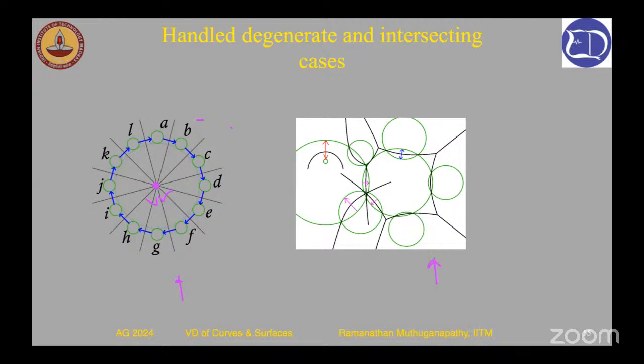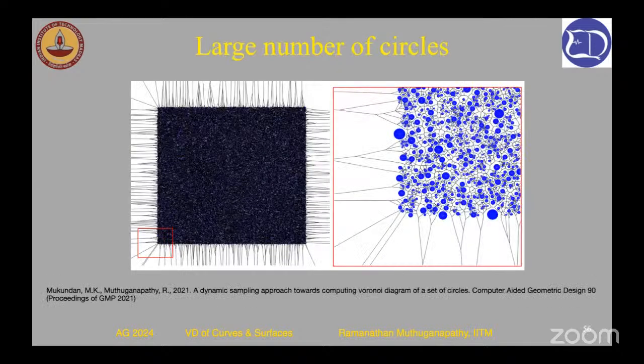And here we have circles that are intersecting, which are also a little complex to handle in a numerical way. These are all challenging in a numerical way, but we could handle it topologically using the Delaunay triangulation, centers and samples, and so on. So we are able to get this for a larger number of circles, and this paper we have published in GMP 2021, and you can look at the paper for further details.